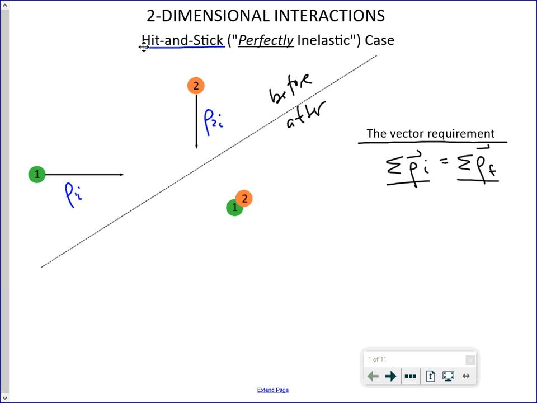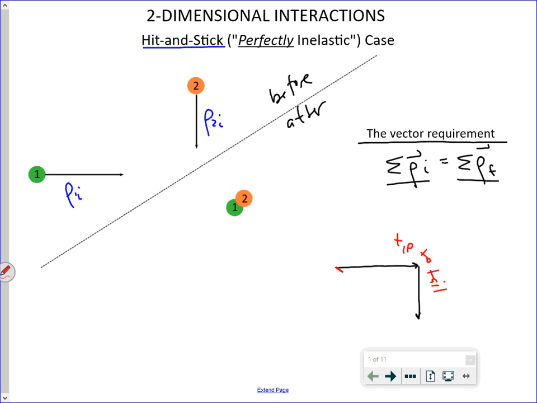All right, so what happens is, look, this vector here is number one's initial momentum. Bring that over here. This vector here is number two's initial momentum. And notice I'm adding these tip to tail. That's a vector addition.